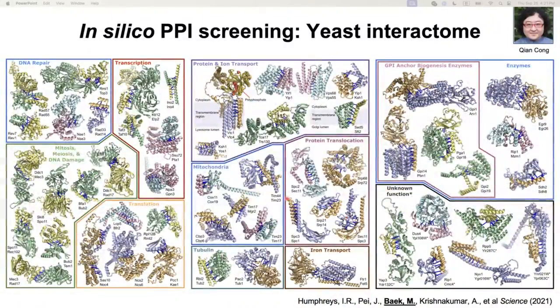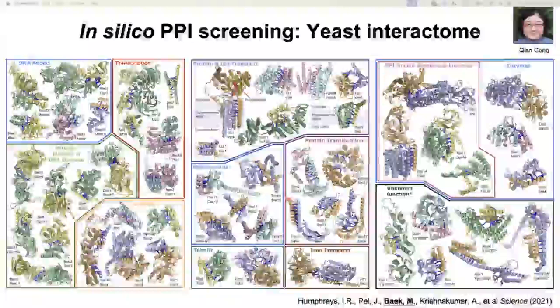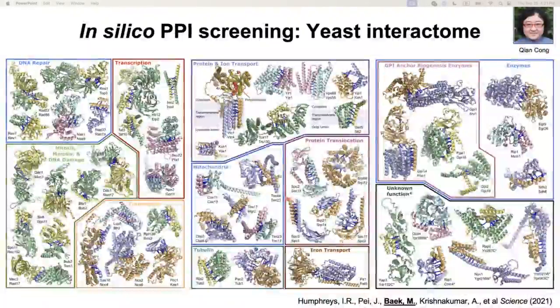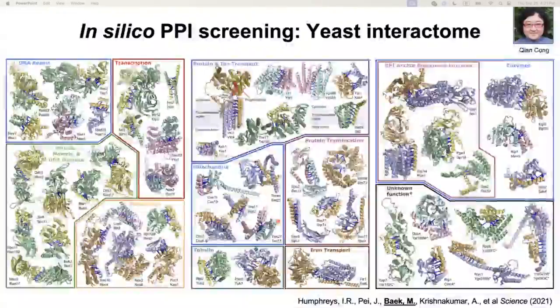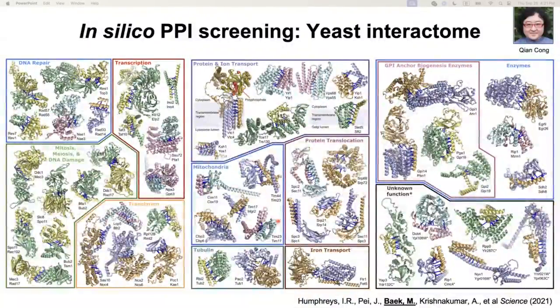We generated paired alignments for all possible protein-protein pairs in yeast and passed them through RoseTTAFold and AlphaFold to predict their interactions as well as their complex structures. This allowed us to generate a large set of high-confidence interaction models, many of which were later validated experimentally. It was one of the first large-scale demonstrations that AI can be used for proteome-wide structure-based interaction mapping.